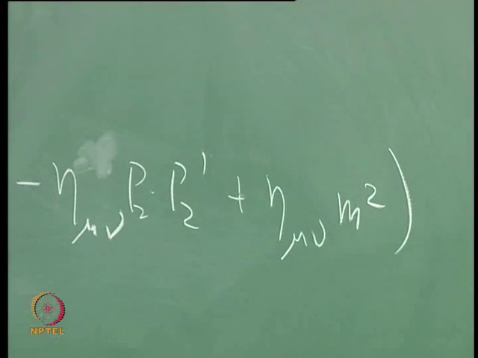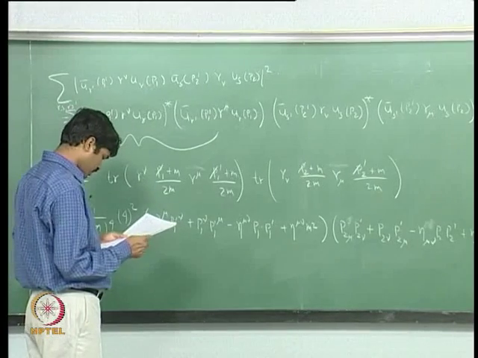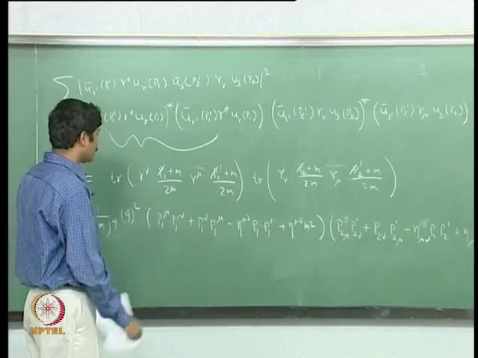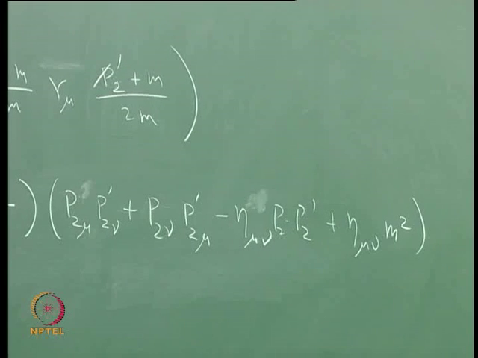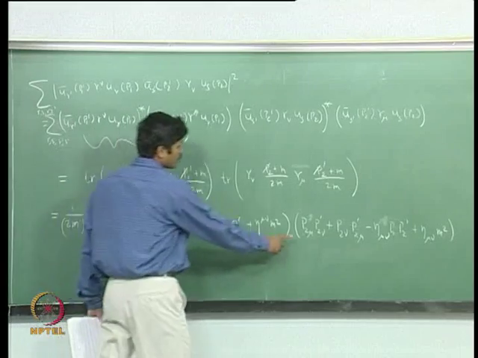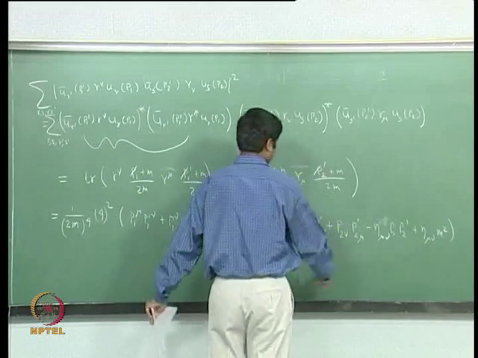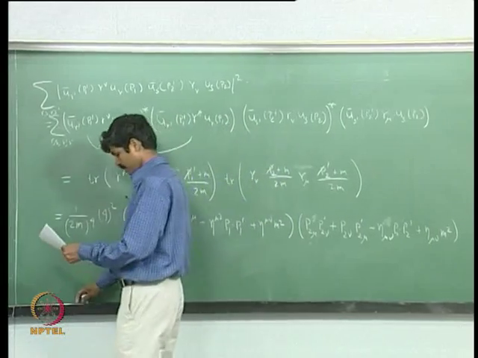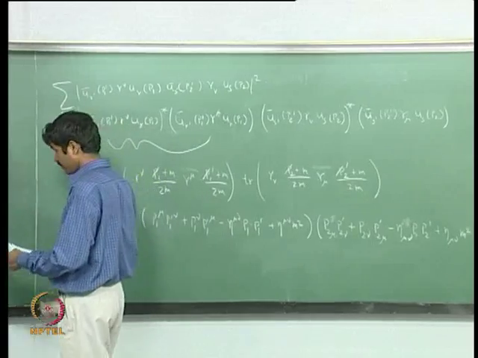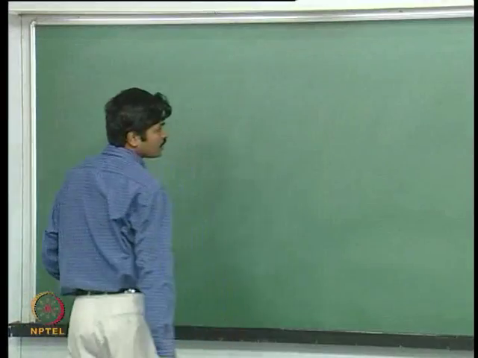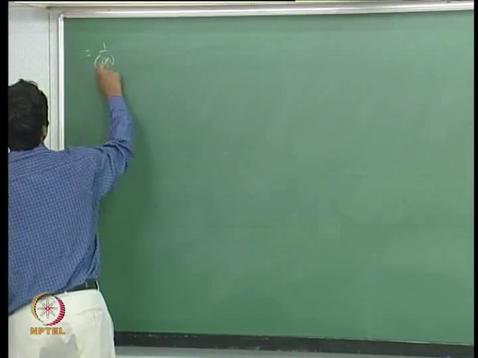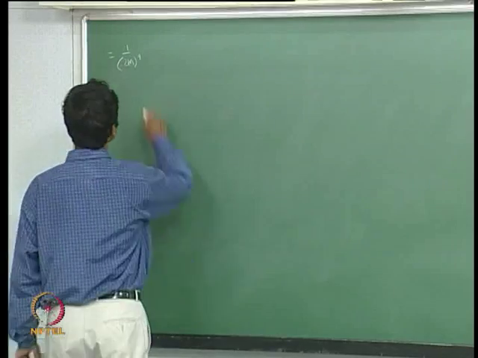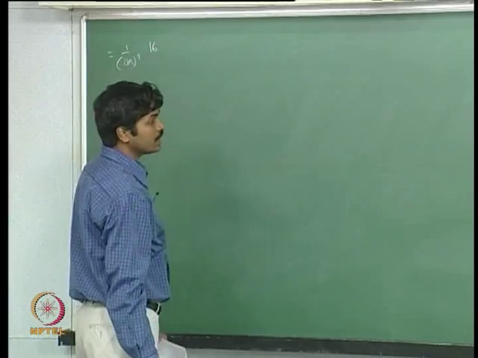All right. So, good. So, now what I have to do is multiply all these terms, and then I have to simplify them. So, let us do that. So, this is equal to 1 over 2 m to the power 4th, and this is 16.